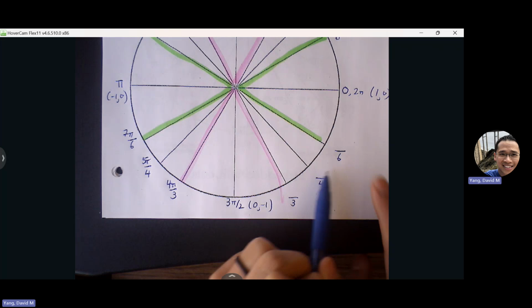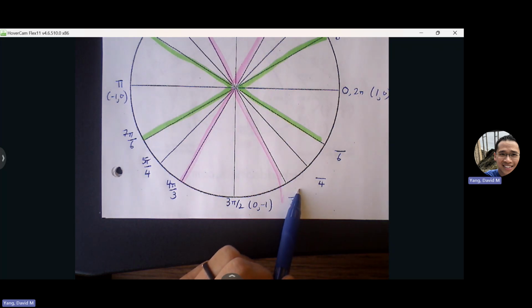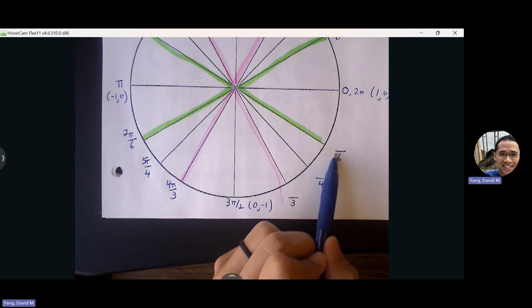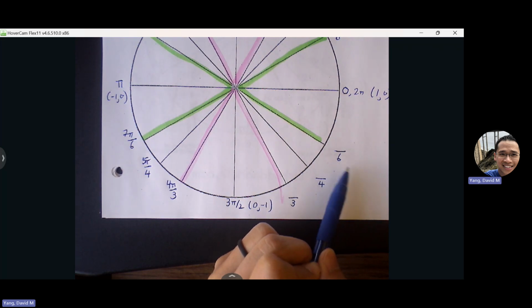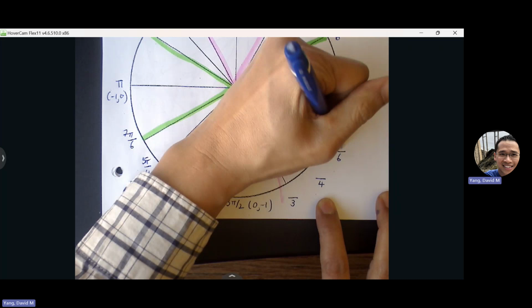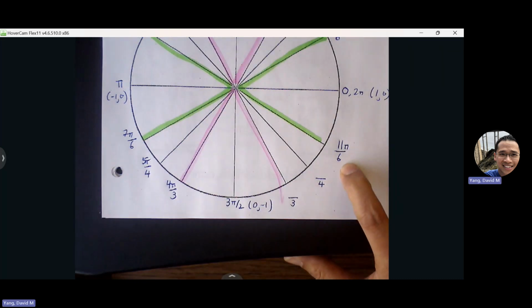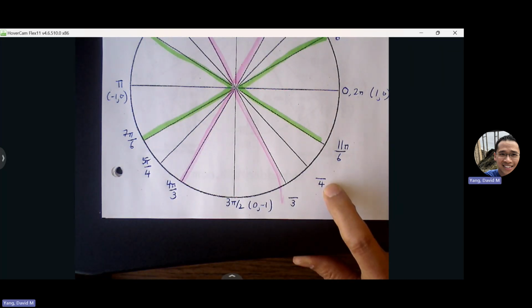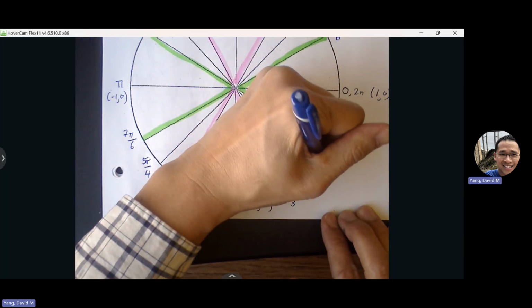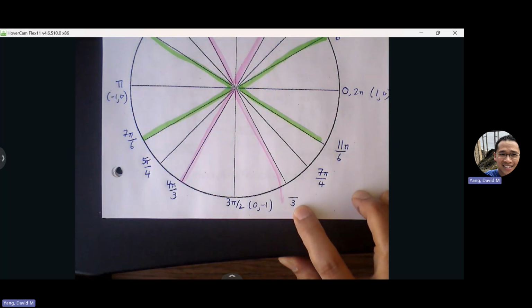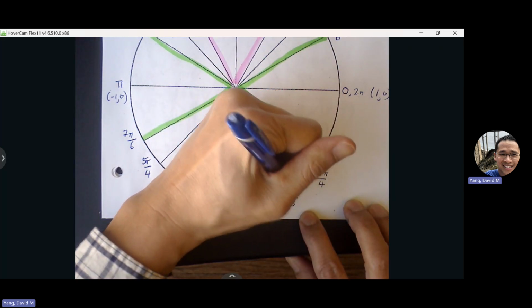To remember these numerators, just know that it is going to be double the denominator, but then we back off a little bit. So what's double 6? 12. If you subtract 1, we get 11 pi over 6. What happens if I double 4? Back off a little bit, we get 7 pi over 4. If I double 3, I get 6, back off a little bit, I get 5 pi over 3.